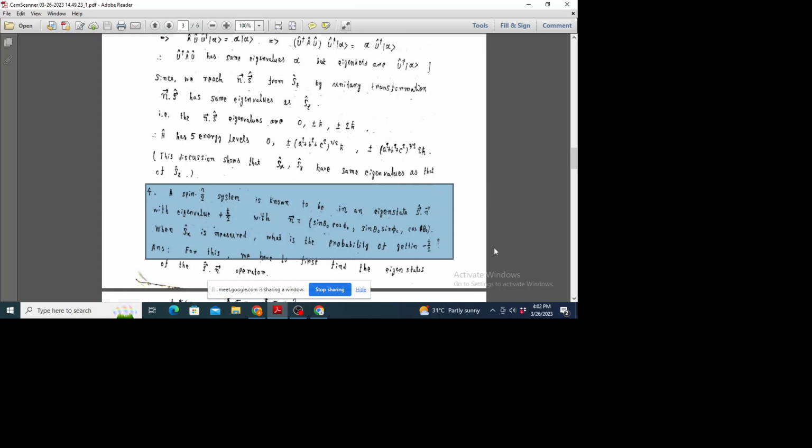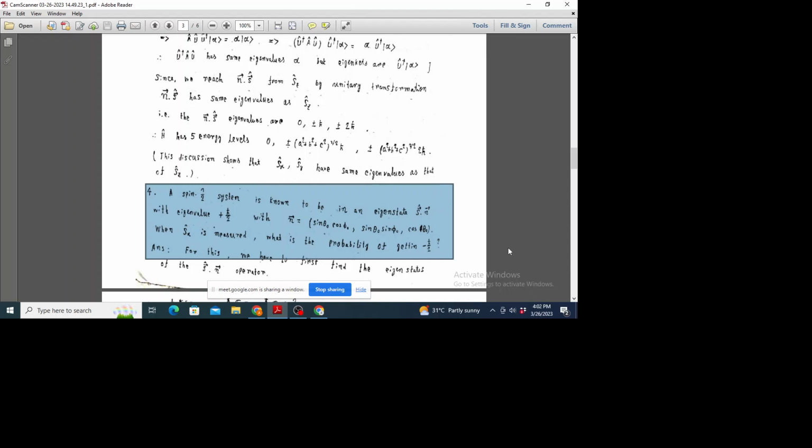Now look at the question. It says the spin-1/2 system is known to be in an eigenstate of S dot n with eigenvalue h cut by 2. We know that the Sz operator has eigenvalues plus or minus h cut by 2, and the question also says that S dot n has eigenvalue h cut by 2.